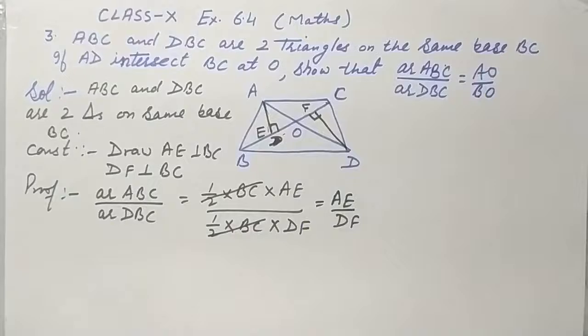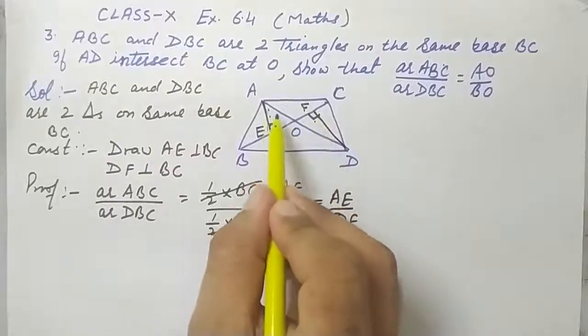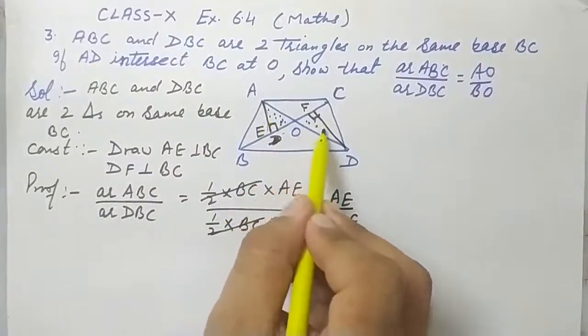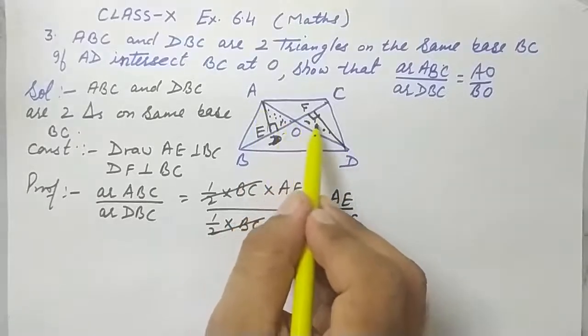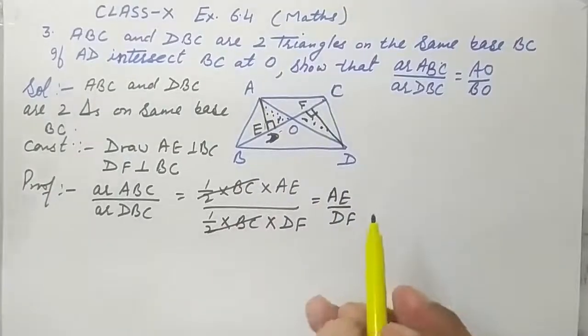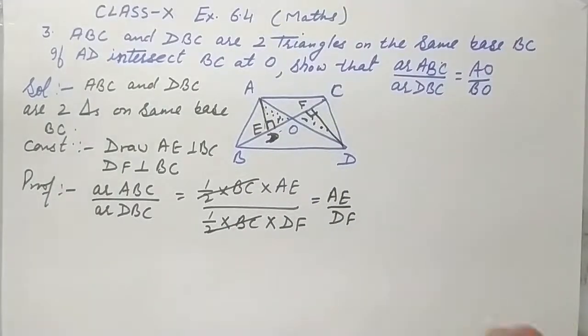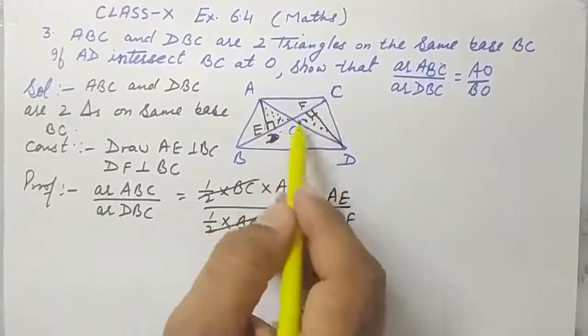So in this context, we'll make these two triangles similar, AEO and DFO. If these two triangles are similar, then the ratio of their corresponding sides will be equal, so AE over DF will be equal to AO over DO also.